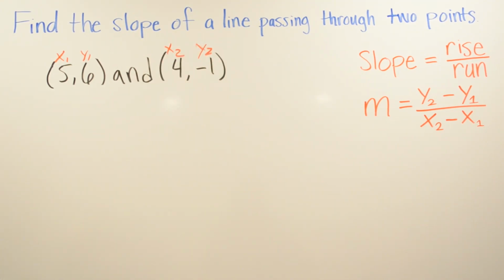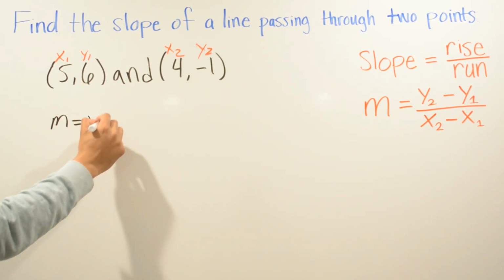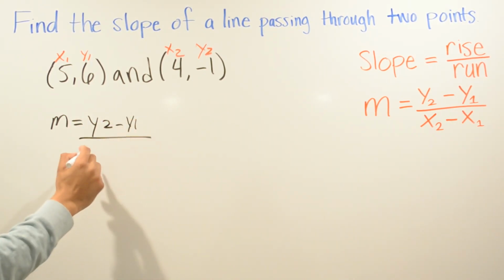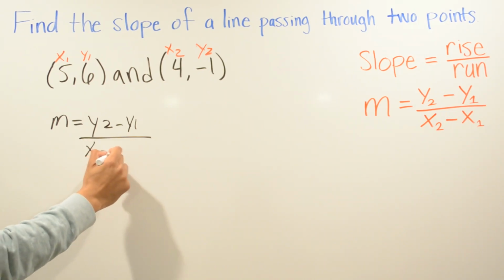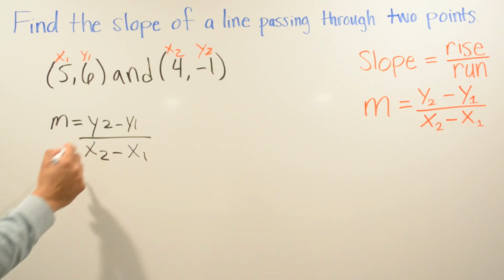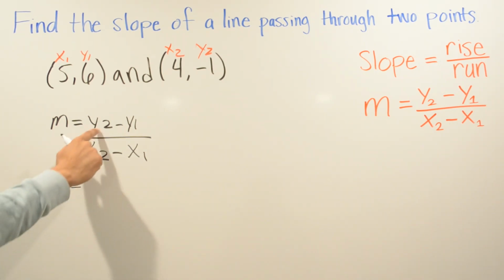Then after that we're just going to plug the numbers into the formula. The formula is m equals y2 minus y1 divided by x2 minus x1. M equals, what's y2?